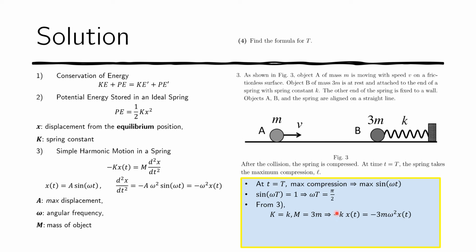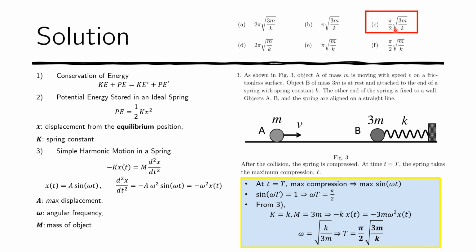So the negative and the negative here cancel, the x and the x here cancel, and so to isolate omega, we just move the 3m to the denominator, and now we get the square root. So we get omega equals square root of k over 3m. And if we want t, because omega must be in the denominator here, we flip the numerator and the denominator. So we get t equals pi over 2 square root of 3m over k. And that is this in the choices.